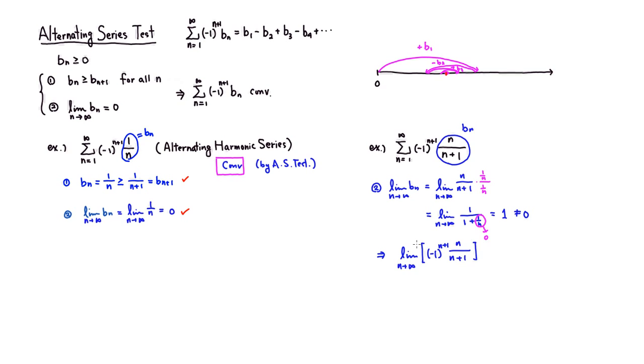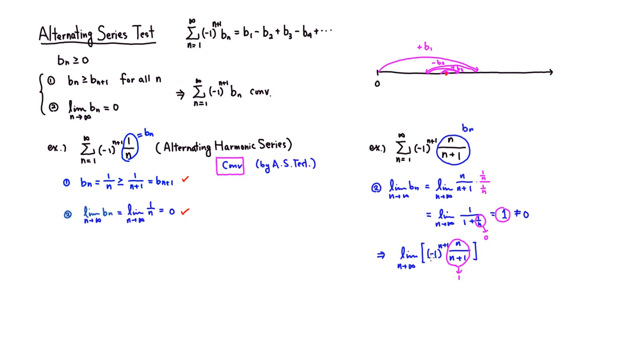This limit does not exist, because the n over n plus 1 portion approaches 1, as we just figured out, but the sign changes. So it's almost like positive 1, negative 1, positive 1, negative 1.